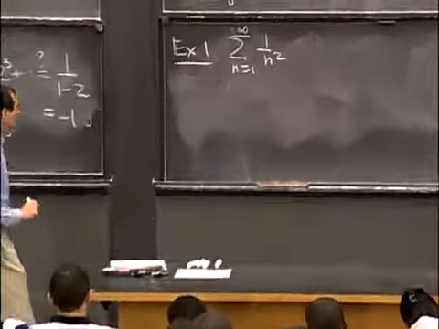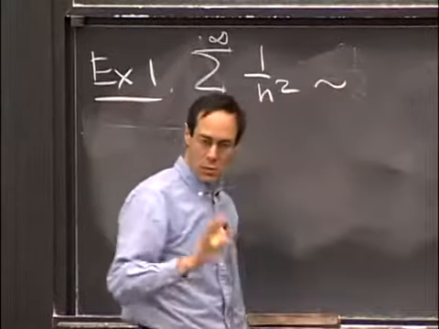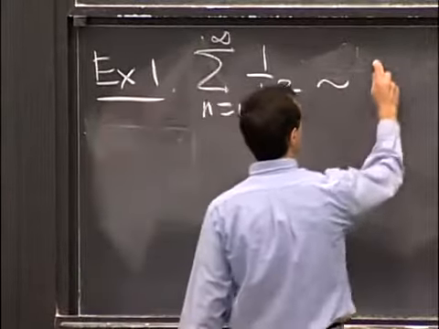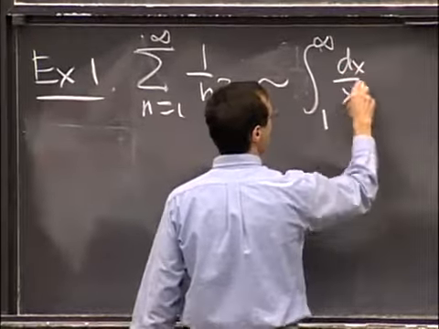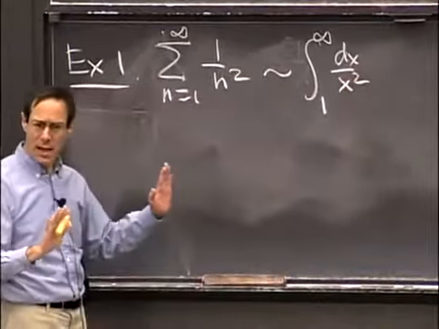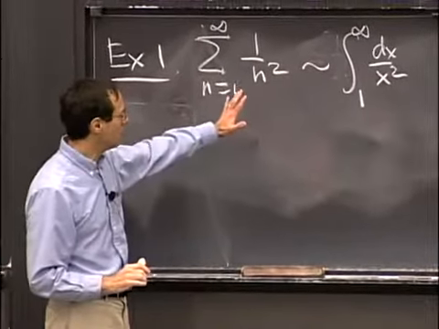It turns out that this series is very analogous to the integral from 1 to infinity of dx over x squared, and we'll develop this analogy carefully later in this lecture.